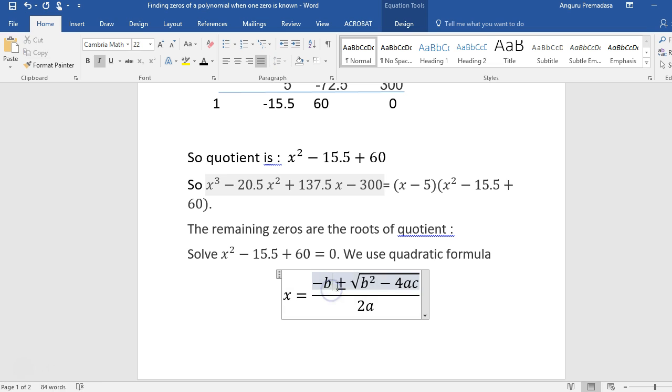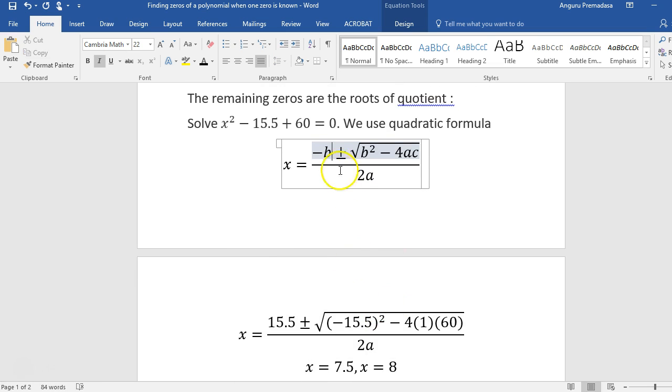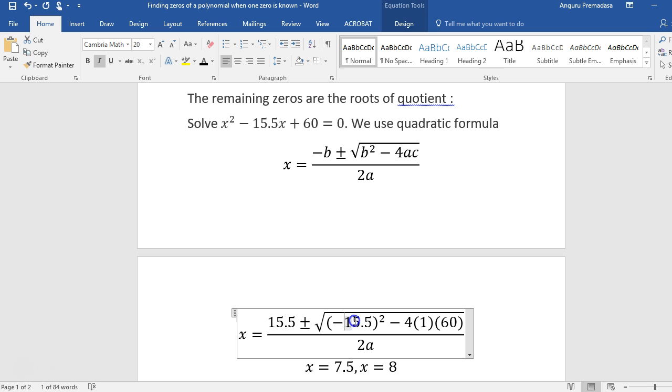In this case, x equals negative b plus or minus the square root of b squared minus 4ac, over 2a. So negative b is 15.5, b squared is negative 15.5 squared, minus 4 times a, which is 1, times c, which is 60.